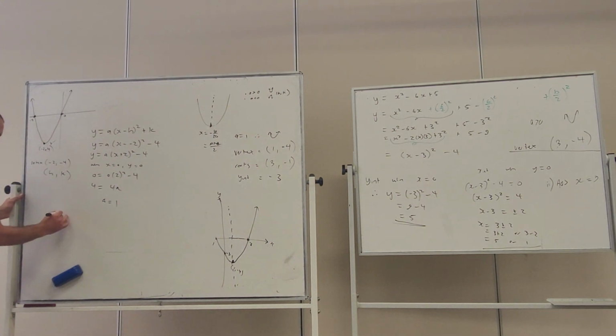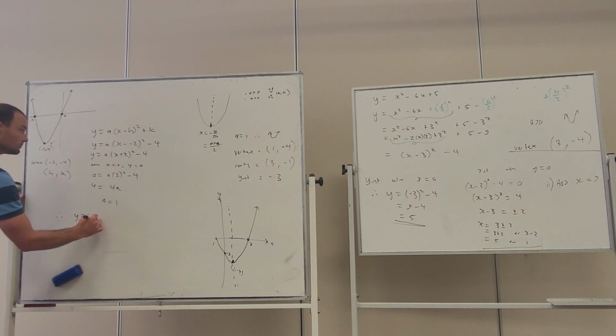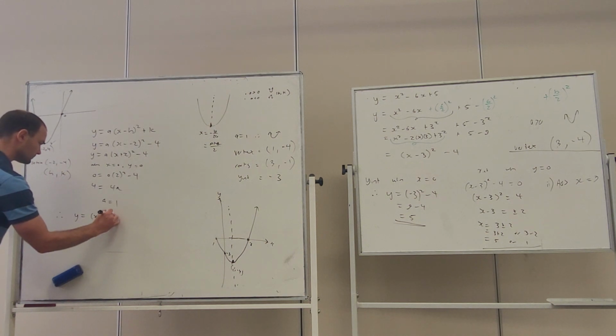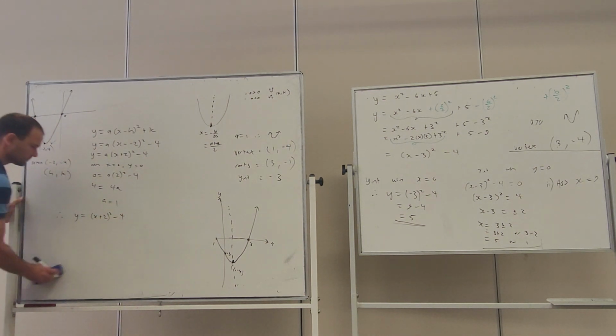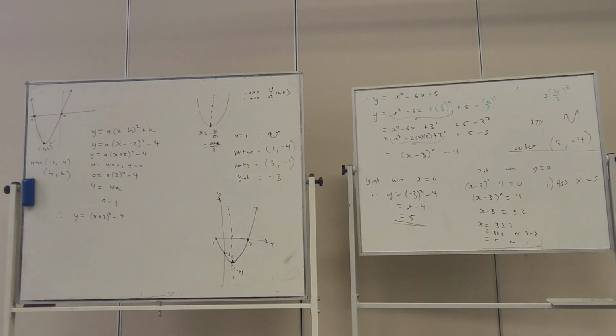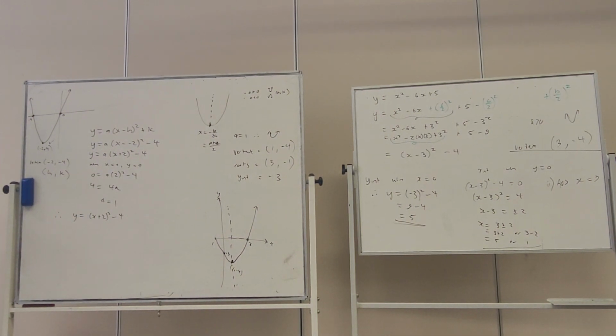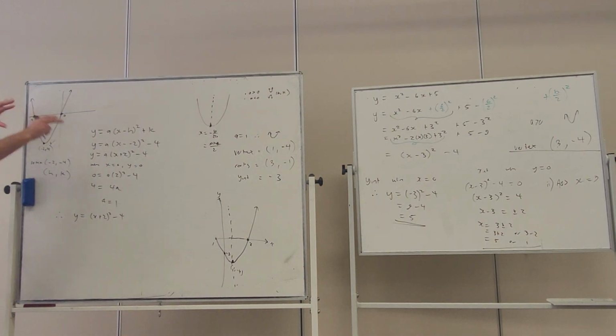So therefore, alright, now we might just do one more thing here, okay? So at the moment, this is a completed square, right? We have 3 ways we can express a quadratic. This is a completed square. Another way we could express it is in general form. And another way we can express it is factorized. I'm going to do all 3 to try and point out some relationships here.